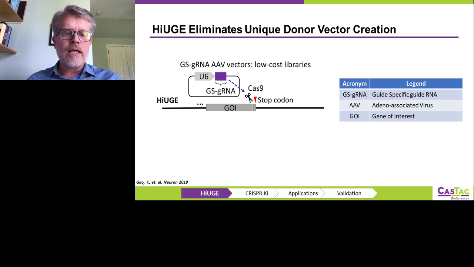These donor-specific guide RNAs have been carefully chosen so that they're inert to either human or mouse genomes. So these guide RNAs don't recognize anything in either of those genomes, but instead they specifically recognize the payload vector, cleave the payload out of the vector so that it can then efficiently insert into your gene of interest. And in CASTag, we've identified the genetic rules that are required in order to utilize this, such that these payloads can insert in frame and into any gene of interest.